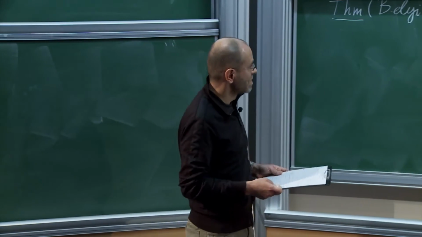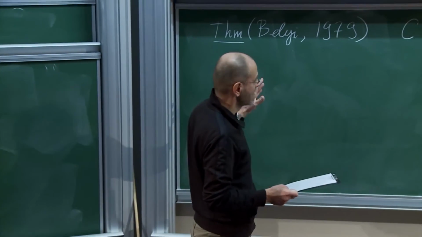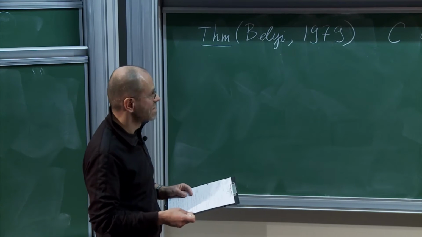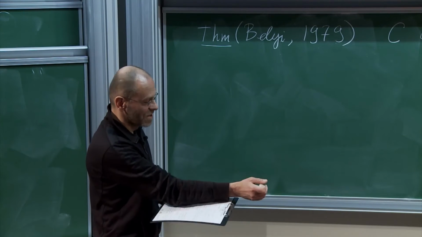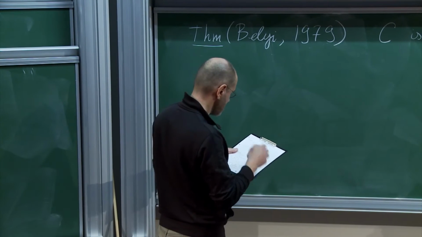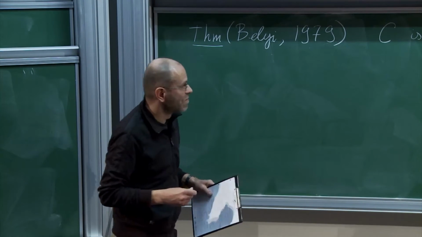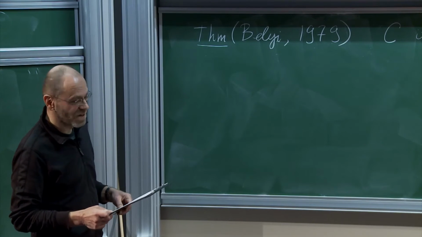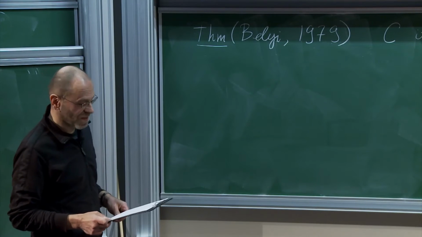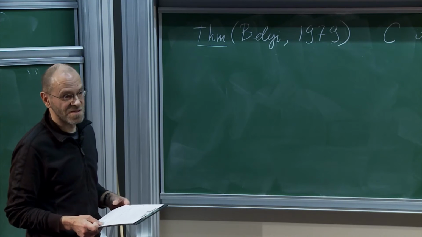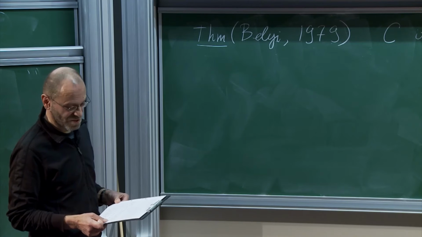But anyway, let's continue with the coverings with 3 critical values, and it was Grothendieck who noticed that such coverings are described by pretty simple combinatorial objects that he called dessins d'enfants, or child drawings.